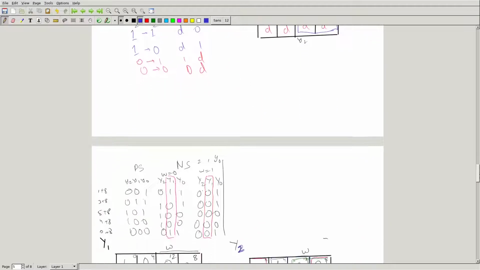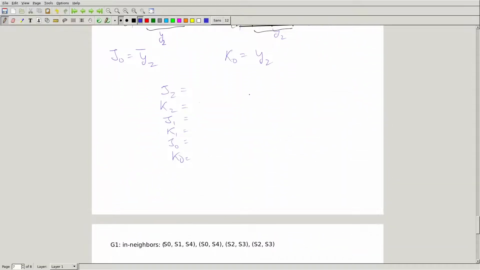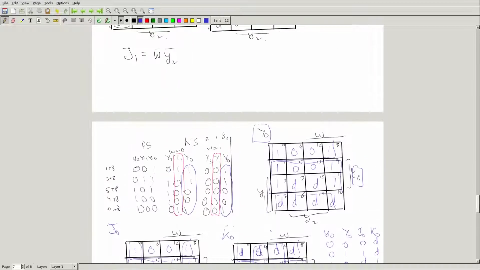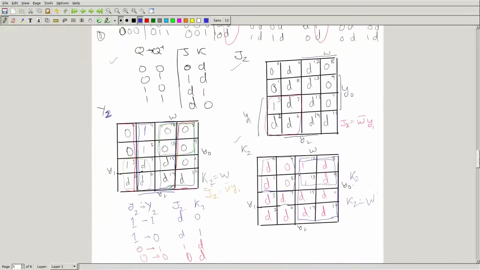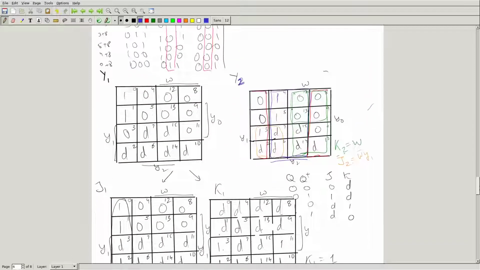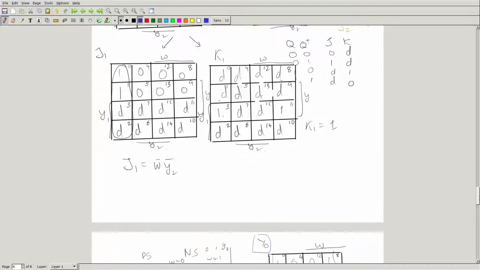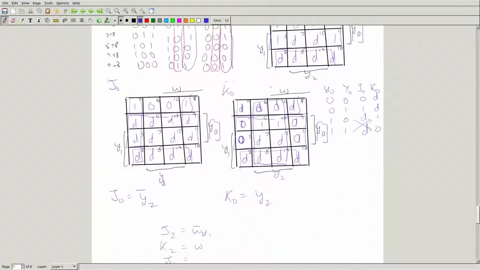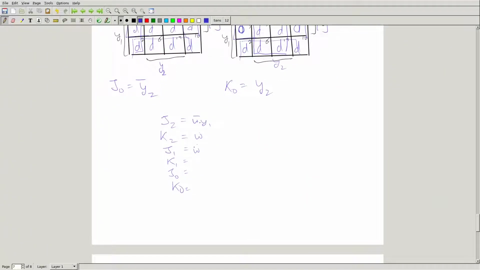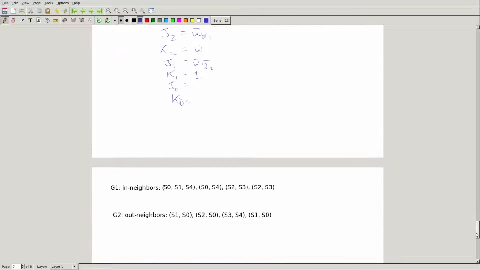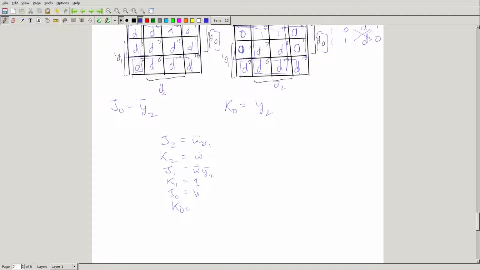J2 is W bar Y1 and K2 is W. And for J1, K1 we have W bar Y2 bar for J1, and K1 is just 1. And for J0 and K0 we just have the following.